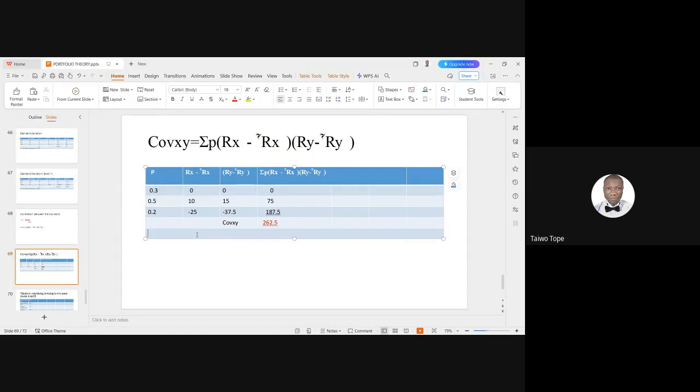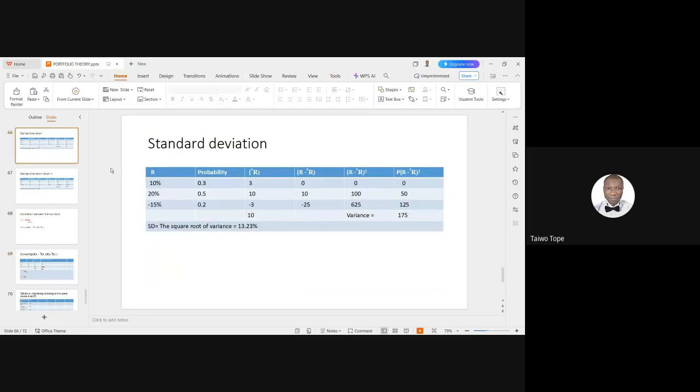So based on this formula, our covariance of XY is what? 262.5. What is your standard deviation of X? 13.23%.